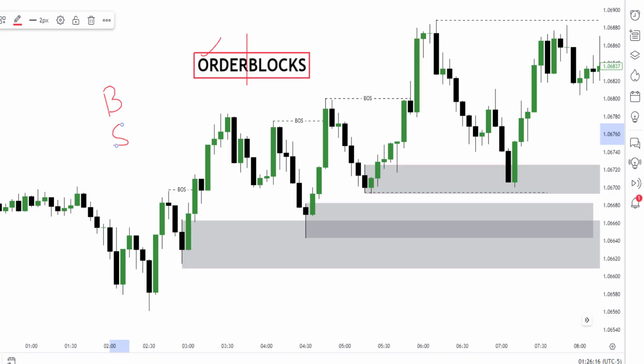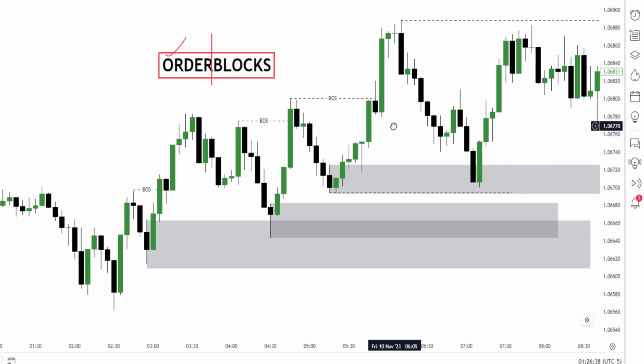But how do we spot an order block on our chart is the next question, and that is exactly what I'm going to show you here. Every time we see price moving up like this, creating higher highs and higher lows, we believe that the institutions are playing a vital role in price movement.